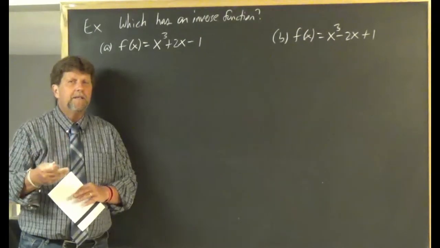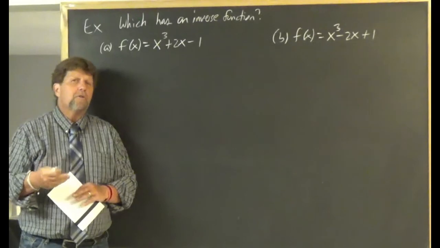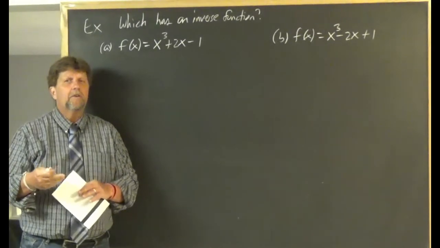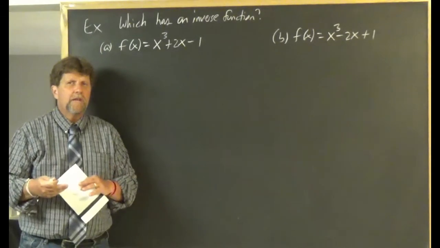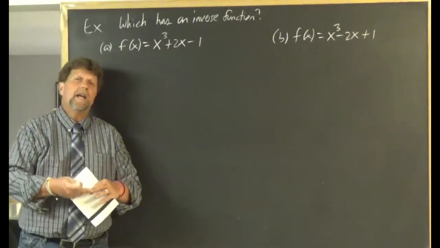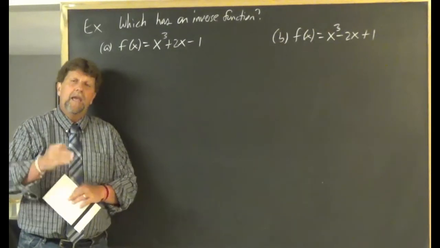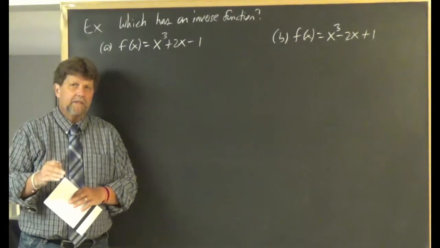It looks like it passes the horizontal line test. It looks like I can't draw a horizontal line that would intersect the graph in more than one point. So it looks like it passes the horizontal line test, which means it's a one-to-one function, which means it has an inverse function. And that would have been sufficient in college algebra, but not in calculus.